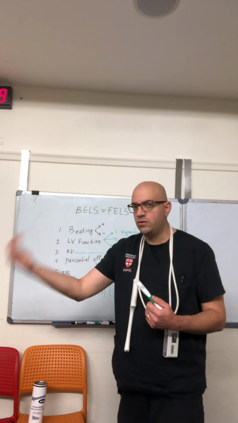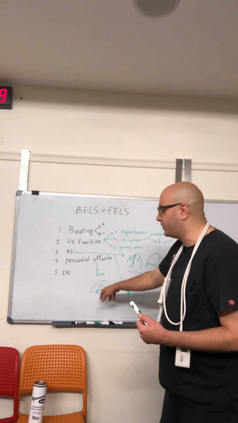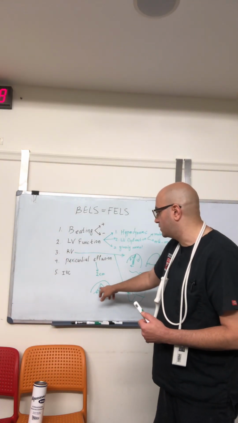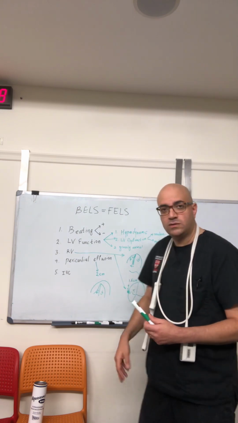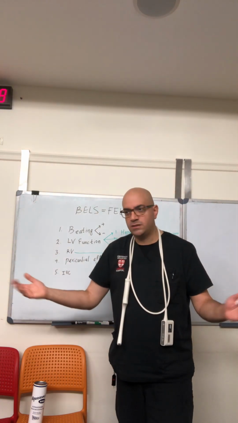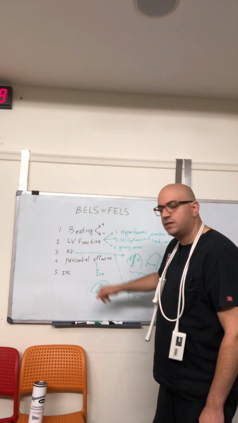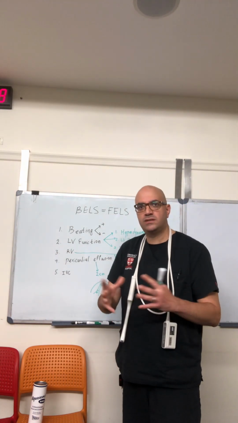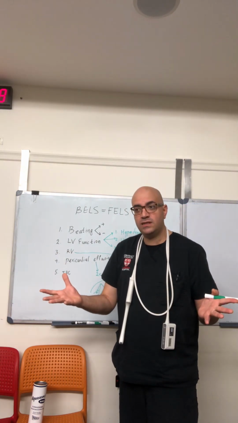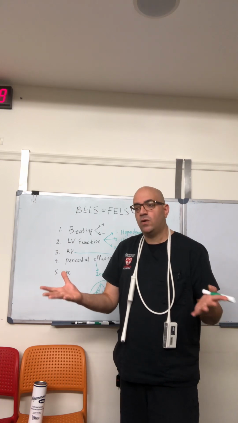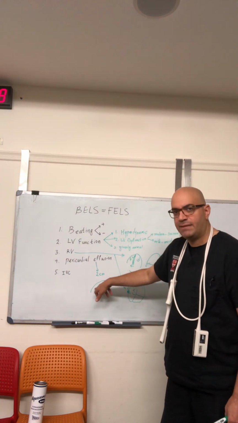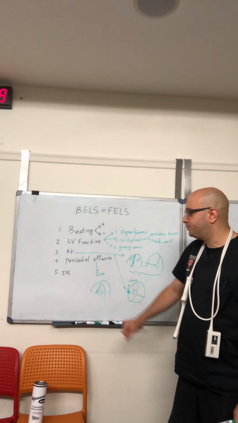Preload, no afterload. That's another type of obstructive shock. So that is called, as we know, tamponade. Above 2 centimeters is always to be considered clinically important effusion. Also, if you see that RV collapse, that's important as well.